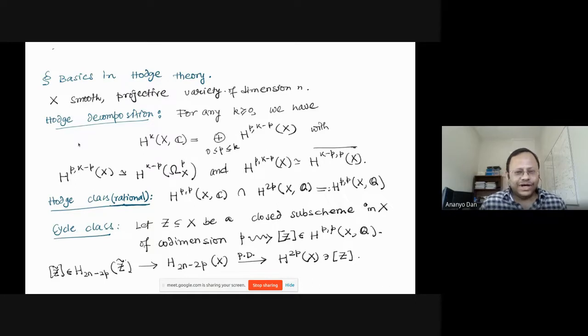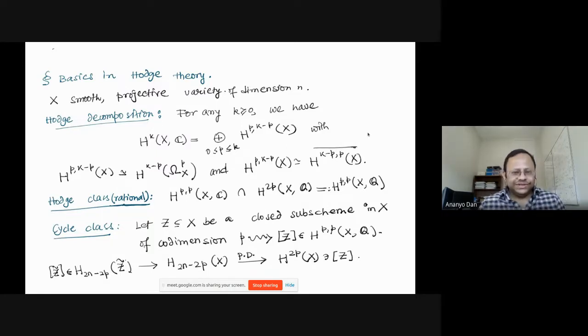And the property that is very useful is that if you interchange the two indices on the top, you get the conjugate. So the complex conjugate of (p, k minus p) gives you (k minus p, p), and the other way around as well.